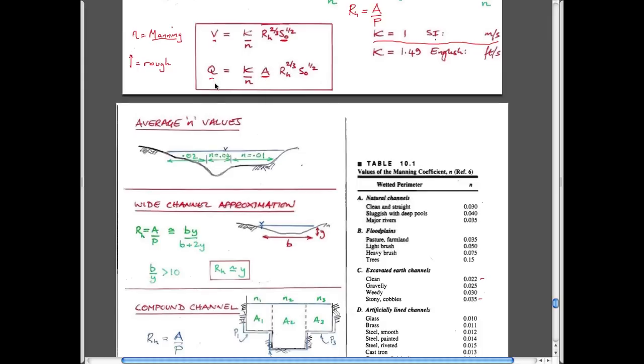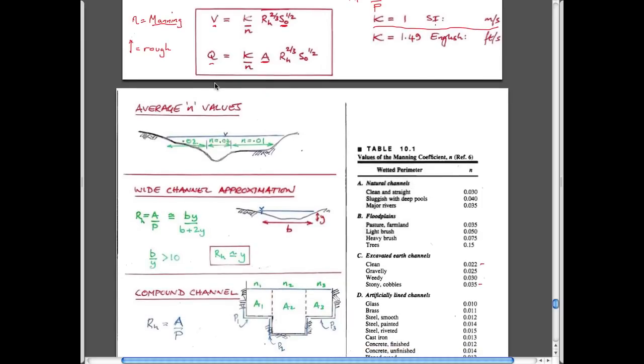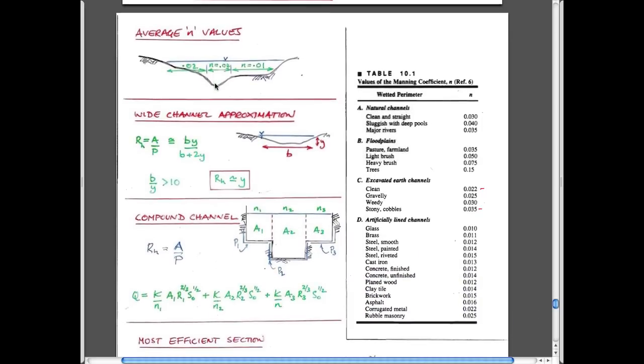Nothing more than that. You can do it for composite channels just by summing up the components, by using some weighted average of the Manning coefficients. If you have a deep channel and a shallow floodplain on the sides, for instance, they would have different Manning's coefficients. If you get a really wide channel that's just the same depth, it actually reduces to being almost a one-dimensional form.